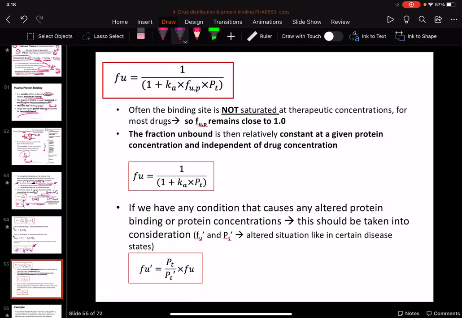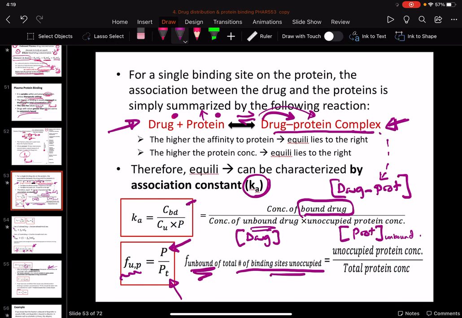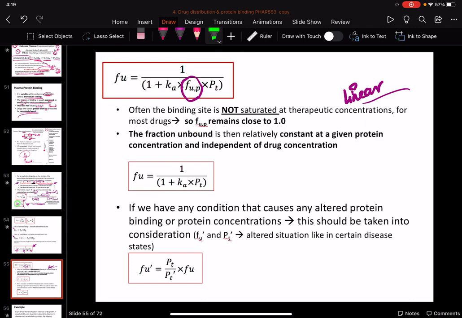This is our equation, and if we consider the common case, the binding sites are usually not saturated at therapeutic concentration, which we call linear kinetics. So usually this fraction, which is the same as this one, remains close to 1.